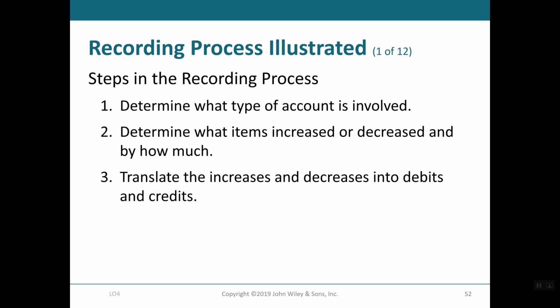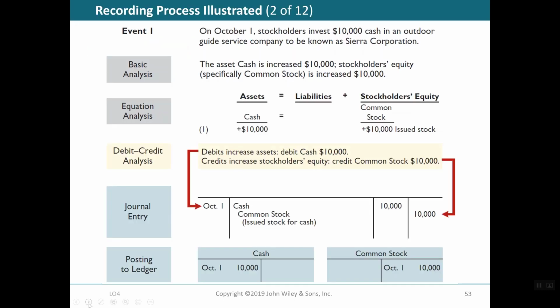For stockholders' equity, for the common stock, an increase gives us a credit entry, and a decrease gives us a debit entry. How about for revenue? Increase in revenue is credit. A decrease in revenue is debit. Increase in expenses, debit. Decrease in expenses is credit. I just wanted to say that again. So, recording process illustrated.